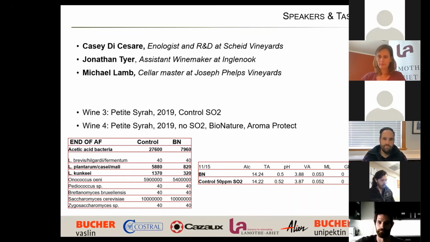Definitely better color intensity. We noticed it pretty much straight away with switching to BioNature. We actually use Wine X-Ray, so I was able to compare the BioNature versus the control, and we had a higher total amount of bound anthocyanins on the BioNature. I want to say it was probably about 10% more.